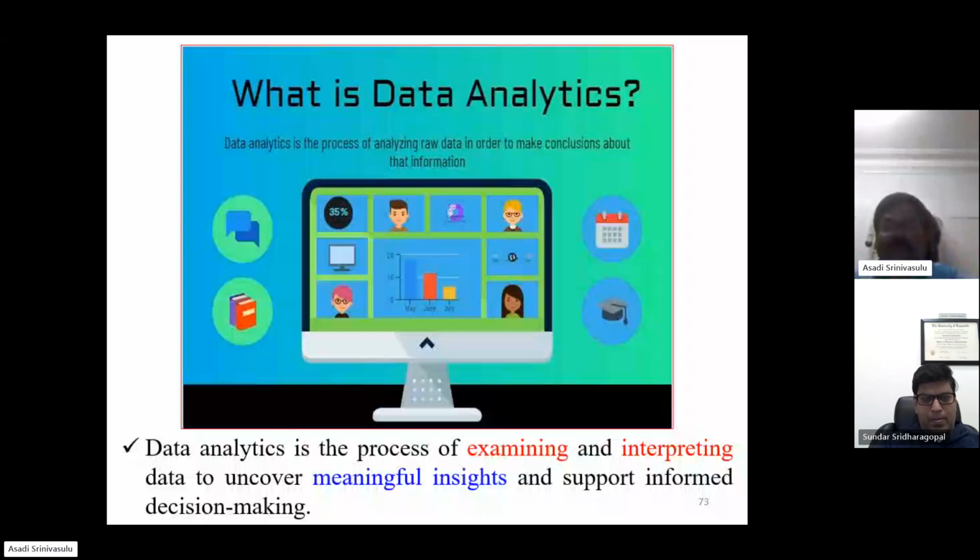That's why data analytics plays a vital role. We are processing, examining and interpreting the data and uncovering meaningful insights. Finally, it supports informed decision-making: a manager or principal or any kind of person can make decisions very easily by seeing the output.